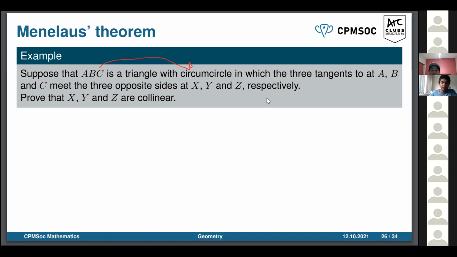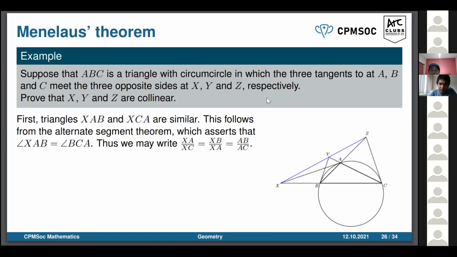Prove X, Y, and Z are collinear. So let's see the diagram. The tangent at A meets BC at X, the tangent at B meets AC at Y, and the tangent at C meets AB at Z.